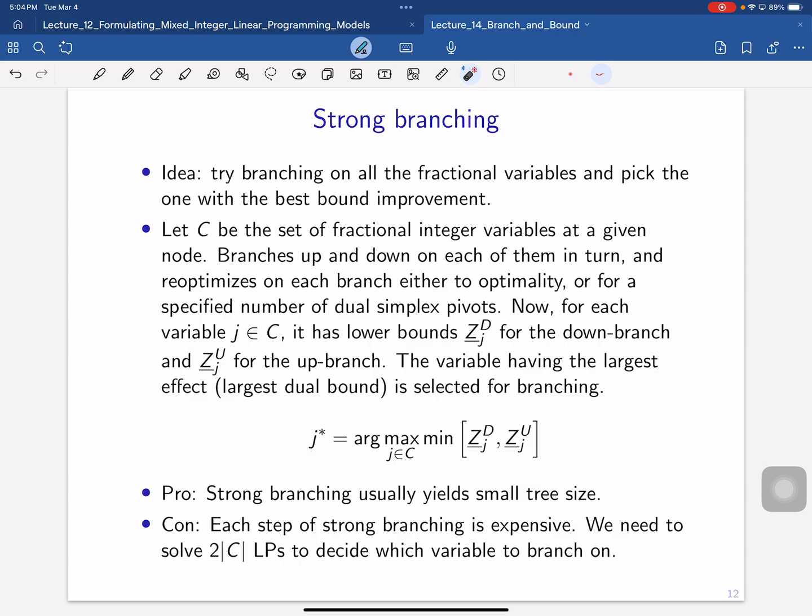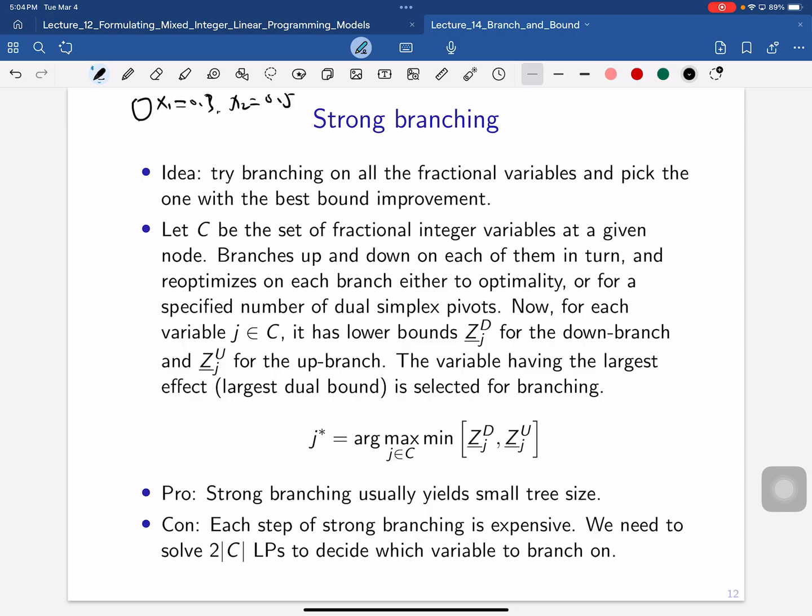So what does that mean? Again, let's not go to the notation, but maybe show you a very concrete example. Let's say at this particular node, I have two fractional variables, x1 and x2. Let's say x1 equals 0.3 and x2 equals 0.5. So strong branching would do the following.